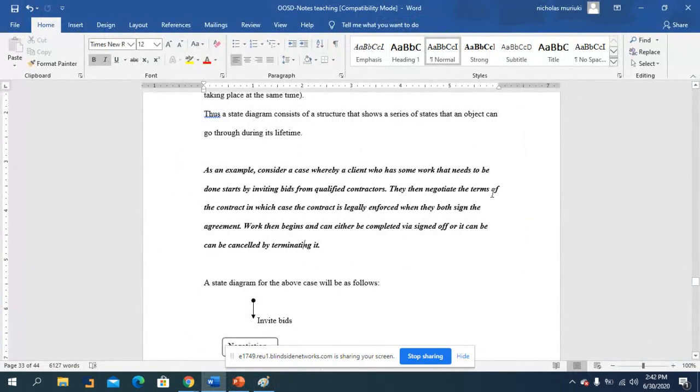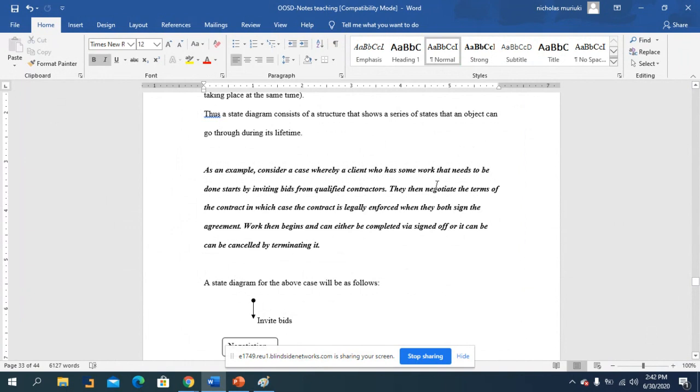They then negotiate the terms of the contract, in which case the contract is legally enforced when they both sign the agreement.